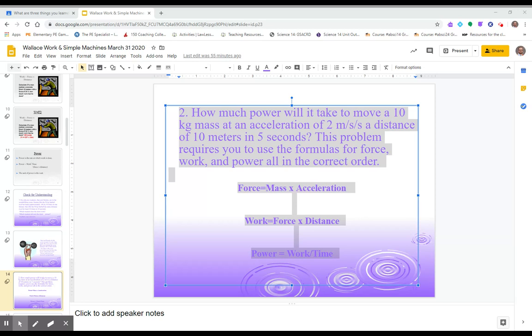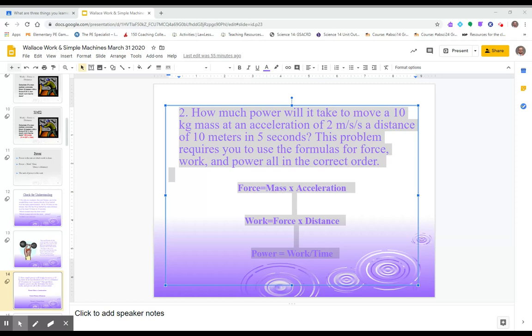All right, we're looking at work. Work is force times distance. So what is my force again? 20 newtons, yep. Put this in brackets to multiply.